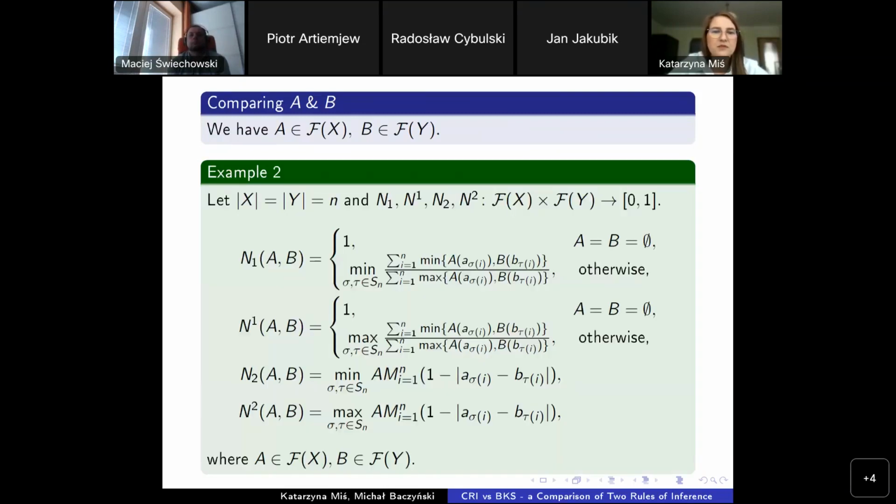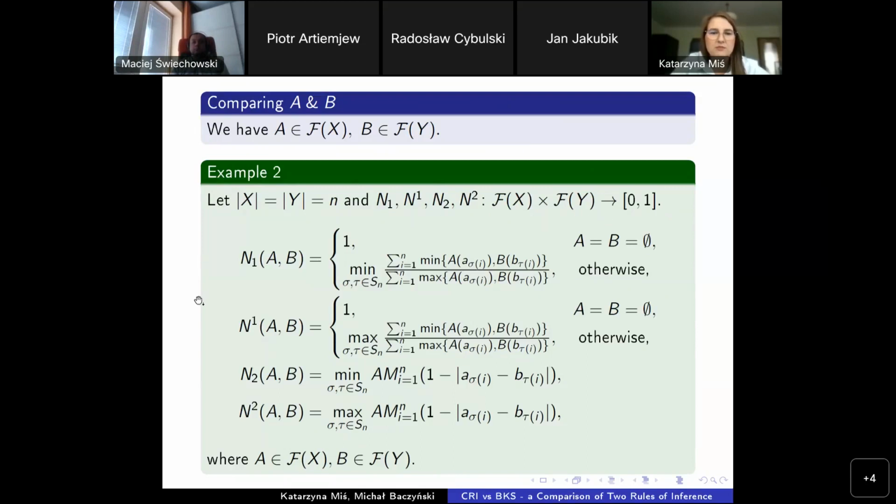If we take that our two universes are of the same cardinality, then we can construct functions which, in our opinion, could be seen as a kind of pseudo-similarity measures.